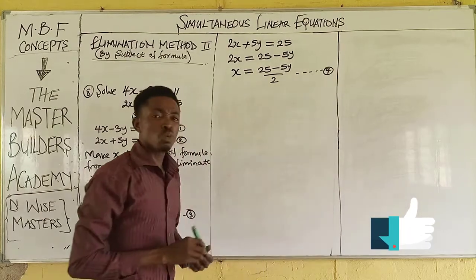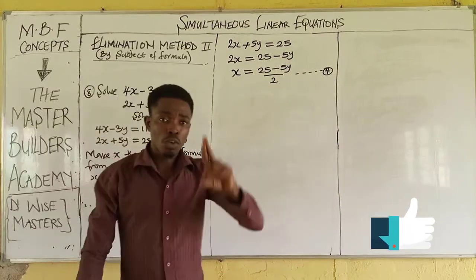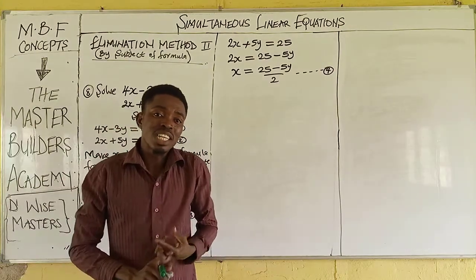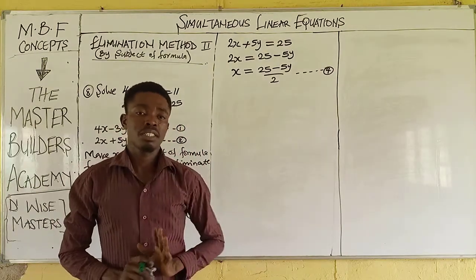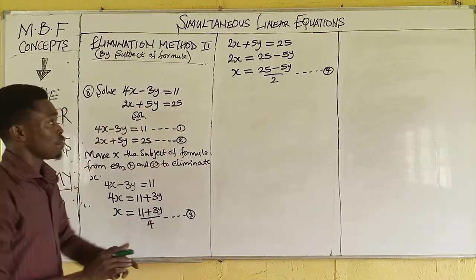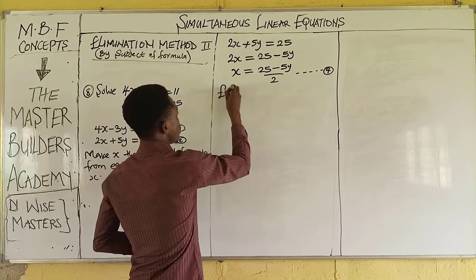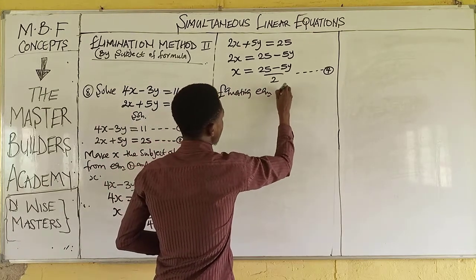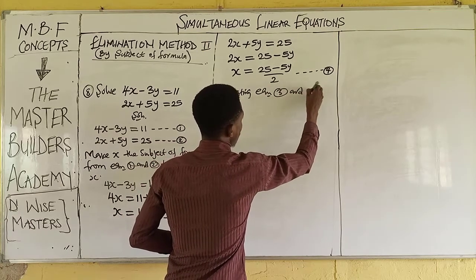Now that I have deduced equation 3 and equation 4 from the two given equations, all I need to do now is to equate the two equations I just derived. So I will say, equating equation 3 and equation 4.